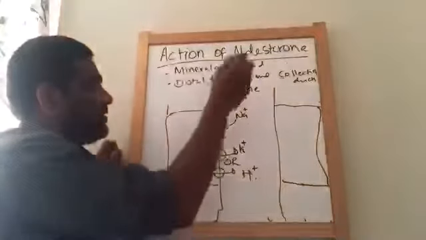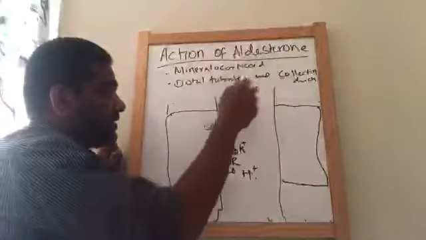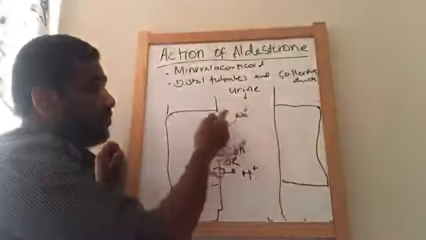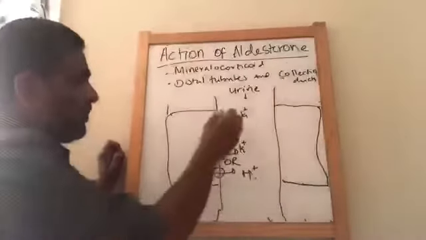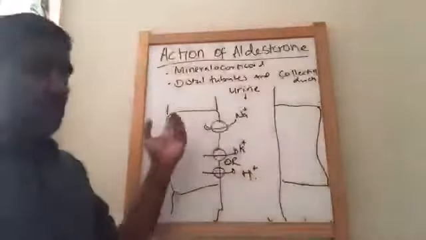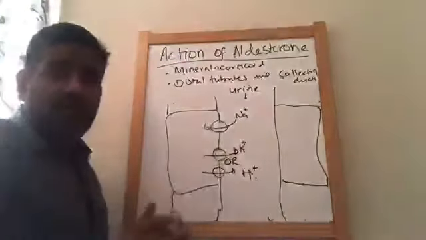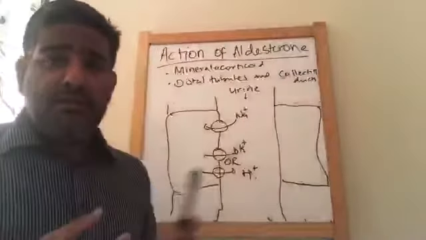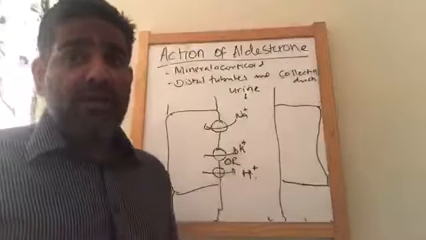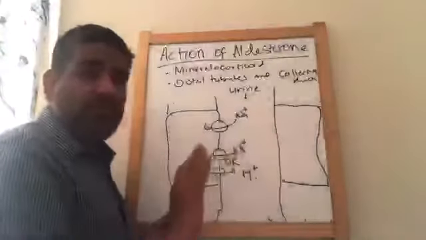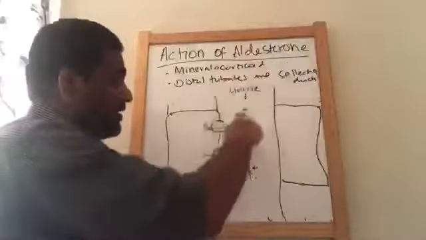Aldosterone acts on distal tubules and collecting ducts and absorbs the sodium through a pump here. So when it absorbs the sodium, the cell must maintain its electrochemical balance. So it must pump out one plus ion into the urine.